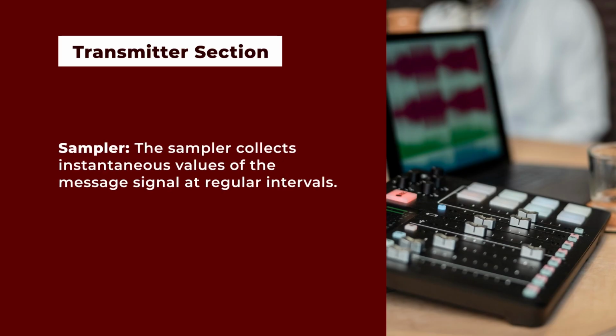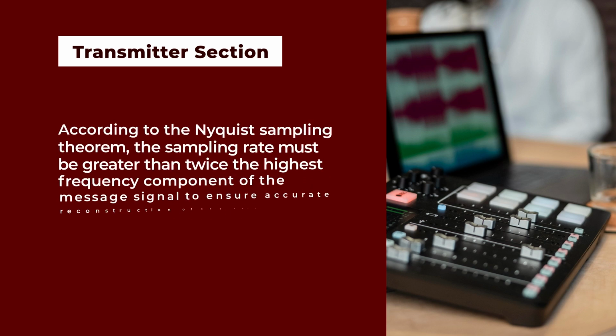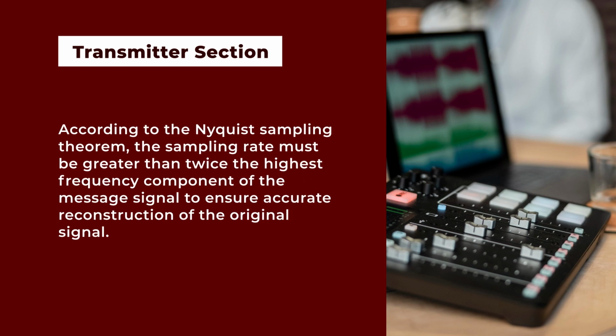The next component is the sampler. The sampler collects the instantaneous value of the message signal at regular intervals. According to the Nyquist sampling theorem, the sampling rate must be greater than twice the highest frequency component of the message signal to ensure accurate reconstruction of the original signal.